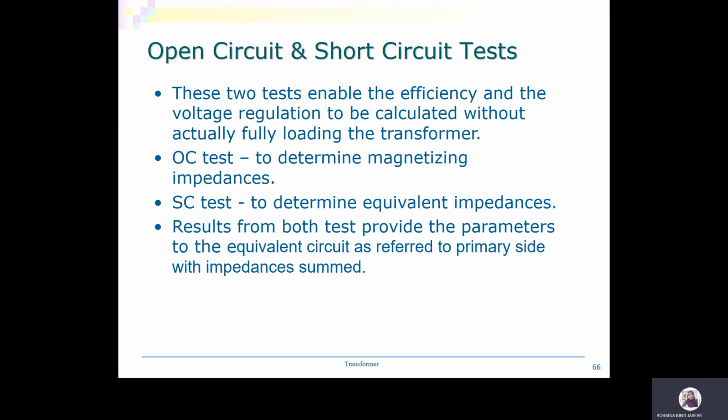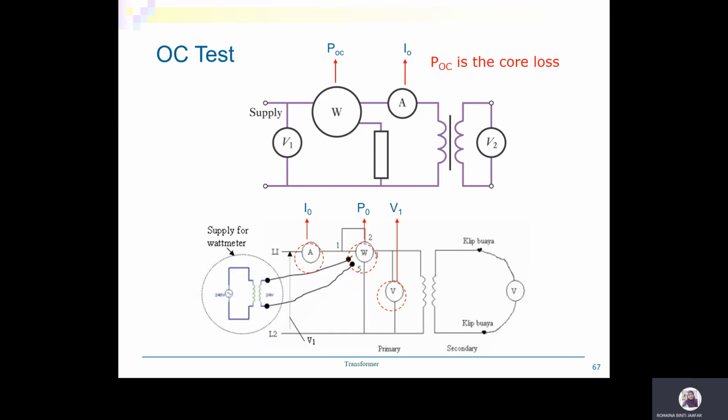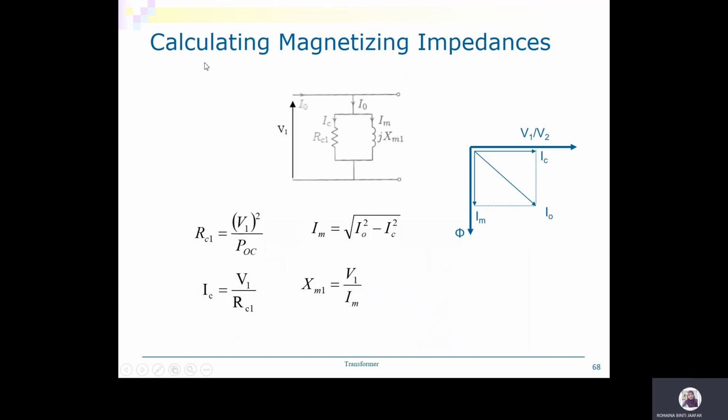The objective of the open circuit test is to determine the magnetizing impedance, and the short circuit test is to determine the equivalent impedance.